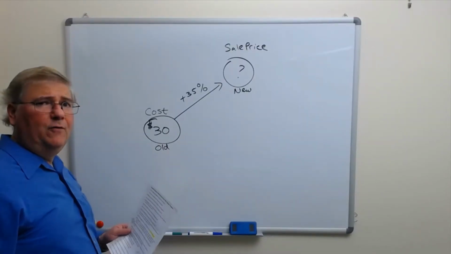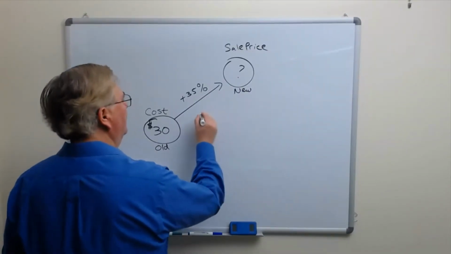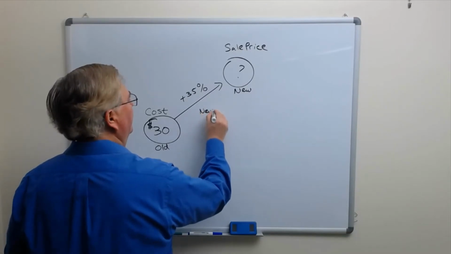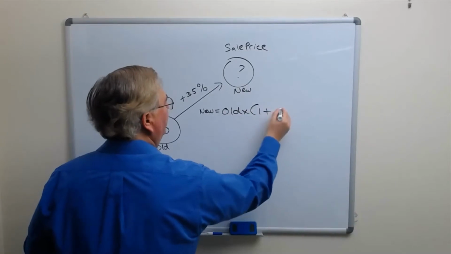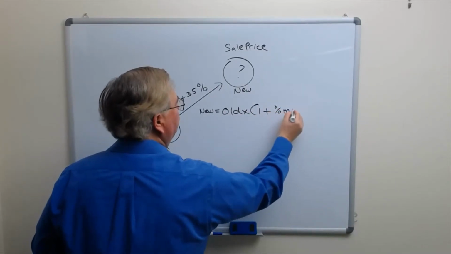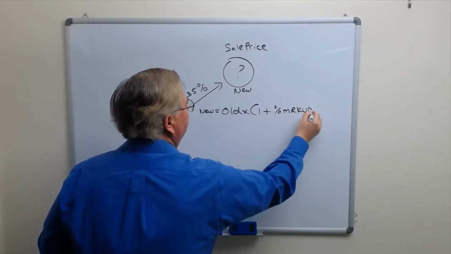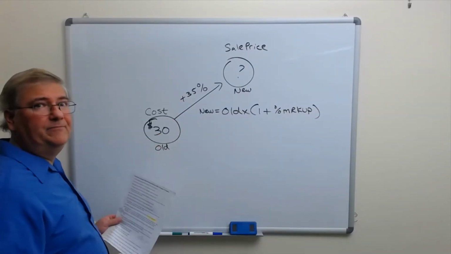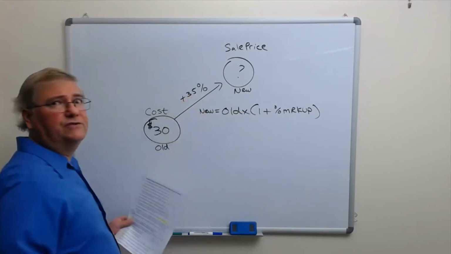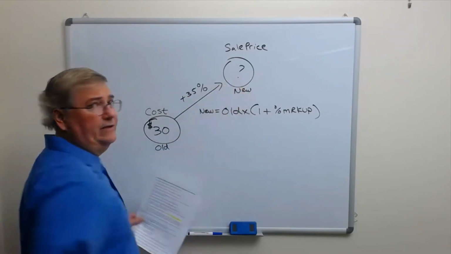And let's write out the markup formula again. The markup formula says that the new price is equal to the old price multiplied by 1 plus the percentage markup. Next thing we have to do is simply to plug in the numbers that are given. In this case, we're given two numbers, two valuations, and we're asked to calculate the third.